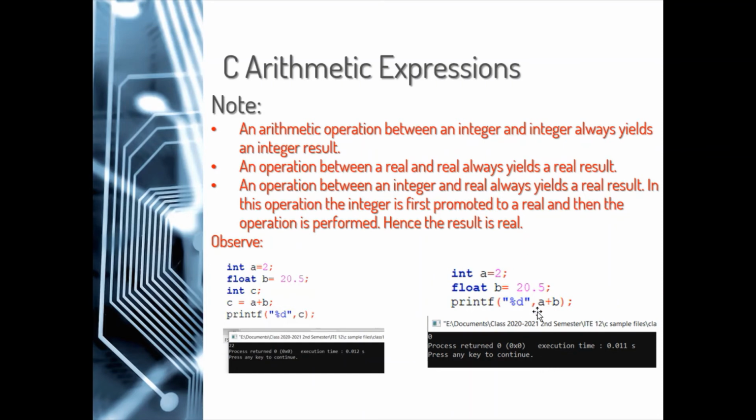But in this case, we printf with %d, and as you can see, the output is 0. That means a plus b is a float. So if we use %f instead, the result comes out, since a plus b is a float.